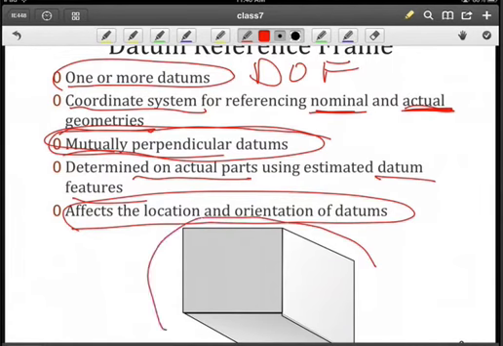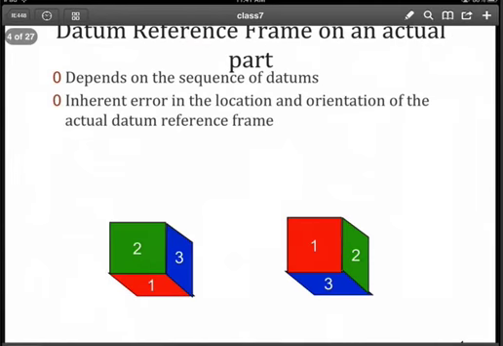So here's a very simple example of three planes from three datums that are used together as a coordinate system, and you can see the intersection of those planes represent the axes, and the origin is the corner here where all three planes intersect. So let's think about a datum reference frame on an actual part.